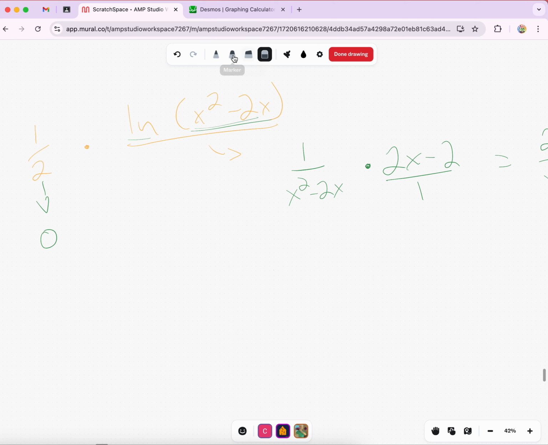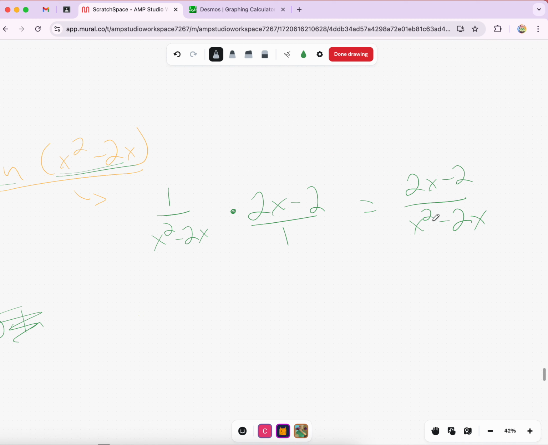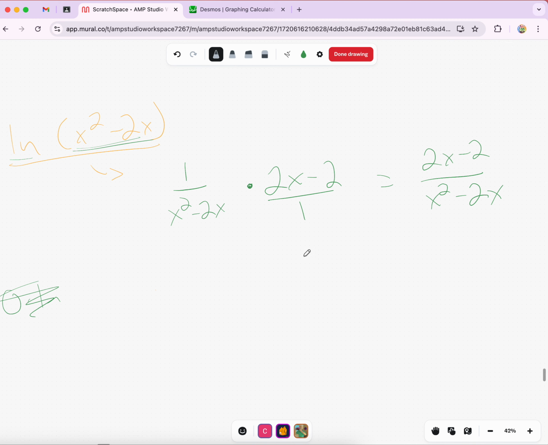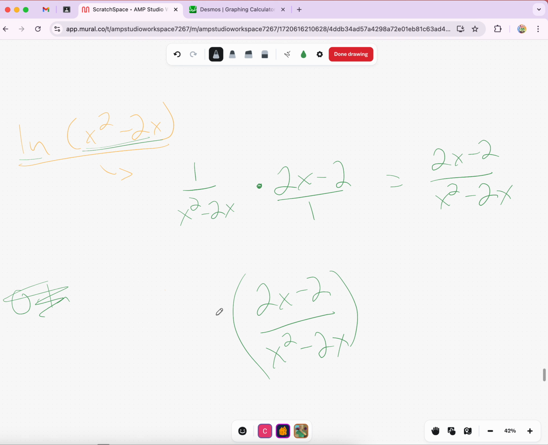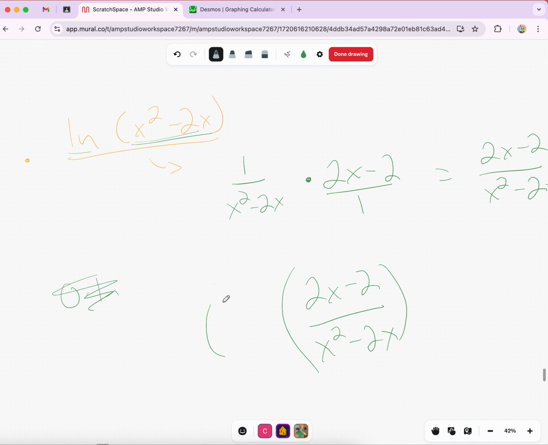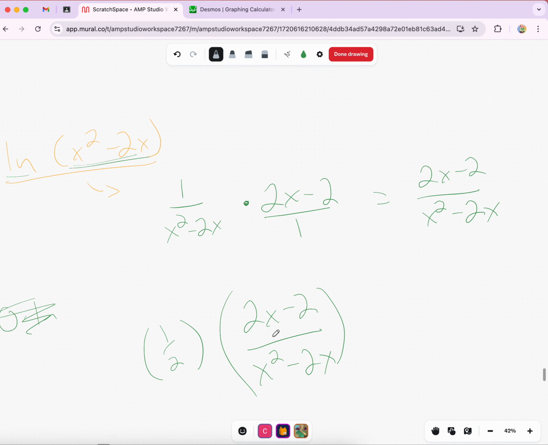Coming back, we need to do our product rule. So our product rule is going to be this one times this original. Well, that's easy, right? 0 times the natural log of that is just going to be 0. And then we need to do this derivative times the original here. So we're going to do the 2x minus 2 over x squared minus 2x, this whole thing, times 1/2, right?